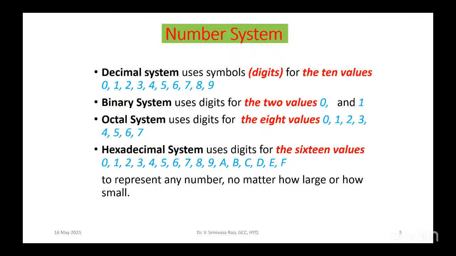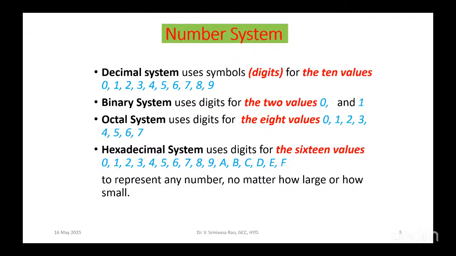Next, last one is the hexadecimal system. Hexa means 16. How many values are there? 16. Count it. Consecutive numbers from starting 0, 1, 2, 3, 4, 5, 6, 7, 8, 9.